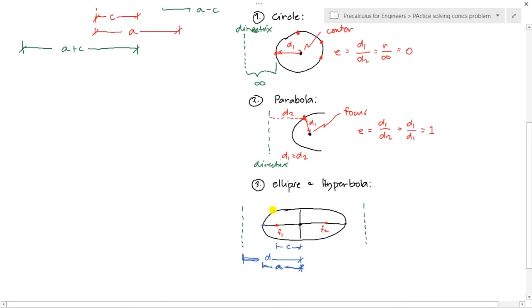So ang D1, let's say if naa tay point along the ellipse, so iyang distance from the focus, this is D1, then iyang distance padong sa directrix, this is D2. So for an ellipse, E is equals to D1 all over D2.